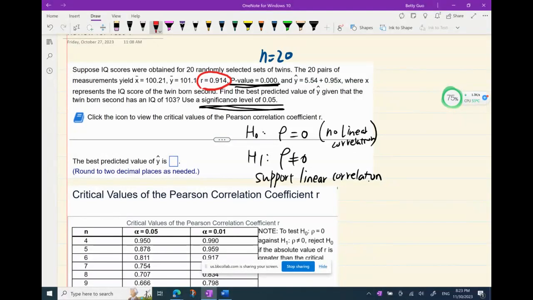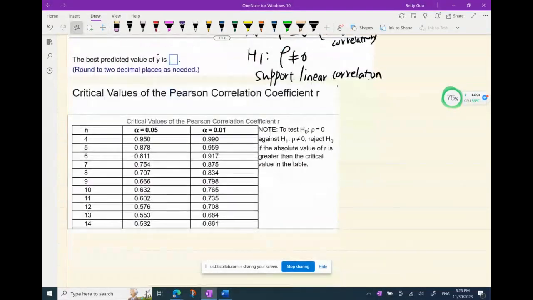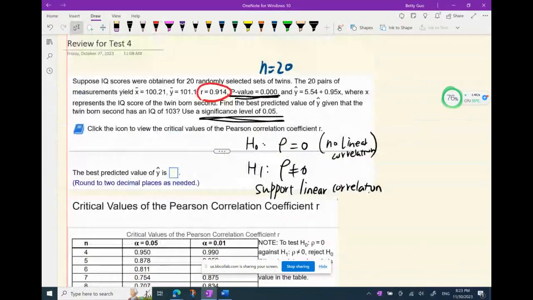So they also give you the critical values. I think it's a little bit more than what we need, but we can check. N is 20, alpha is 0.05.